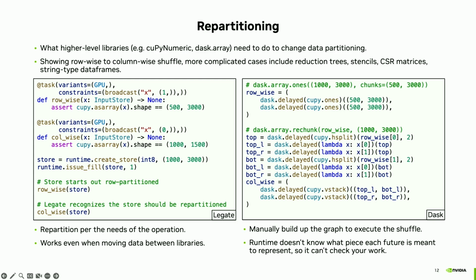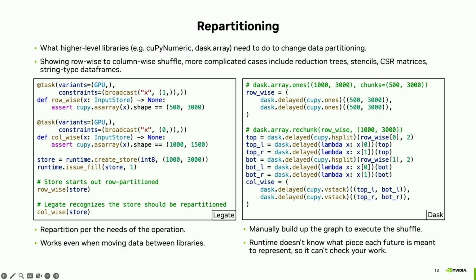The data would start as two futures representing the top and bottom half of the array. Then, through a series of tasks or lambda functions, it would split the top, split the bottom, and then shuffle them around to build a final representation of the two halves.